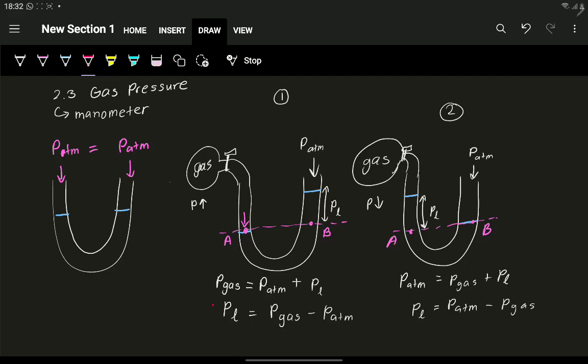Honestly, I find it easier to use this one than the one above because we can see which one is much higher pressure. For example, here PATM is higher pressure, so PATM will be in the front. Here, the gas pressure is much higher, so the P gas will be in the front.